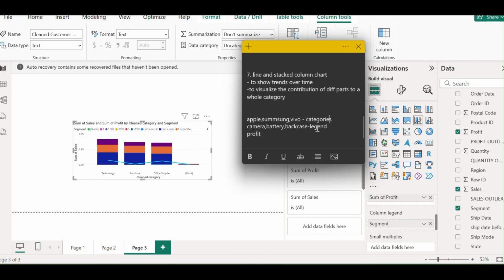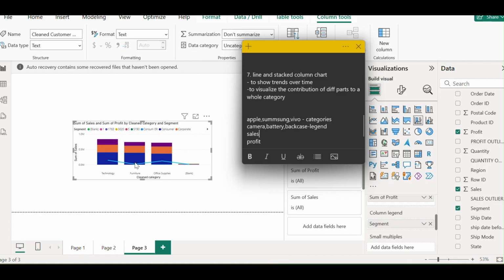So we are comparing two, sales and profit. Here four categories are segmented, corporate, consumer wise, and we see how the sum of sales per category and segment is, and the profit line goes here.